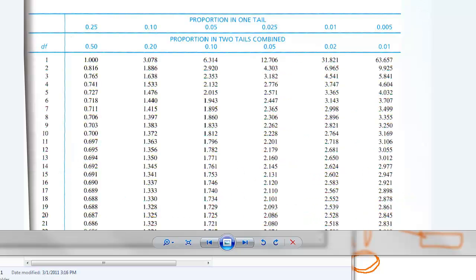Okay, so two-tail combined and 95% here. Degree of freedom would be, because there are 9 babies, 9 minus 1 is 8. So here, and two-tailed 0.5 is here.